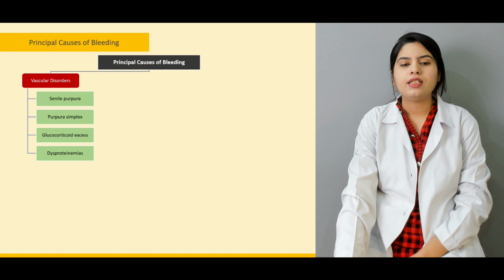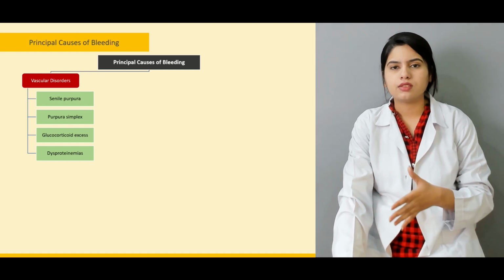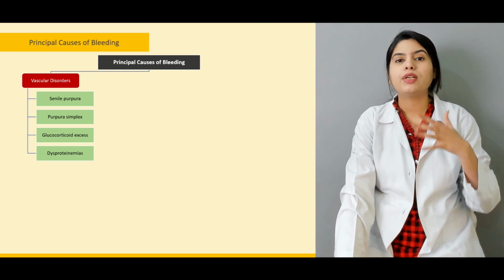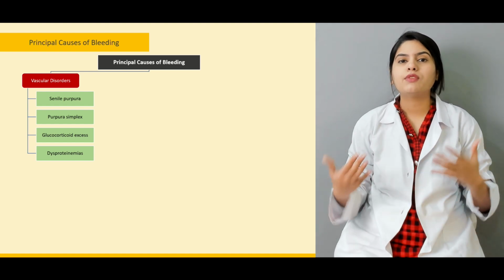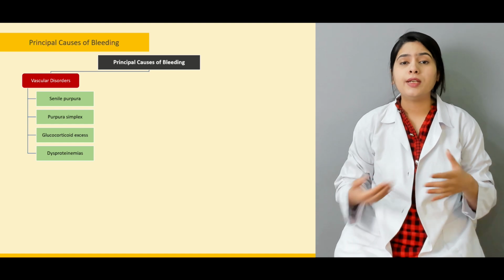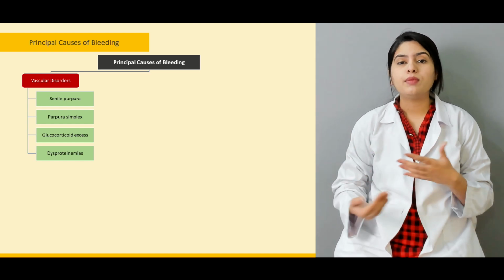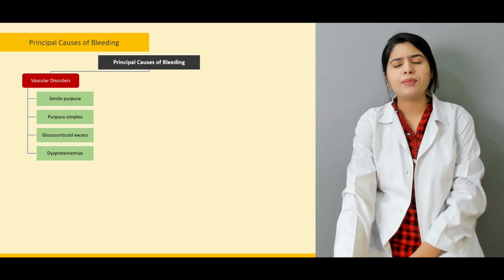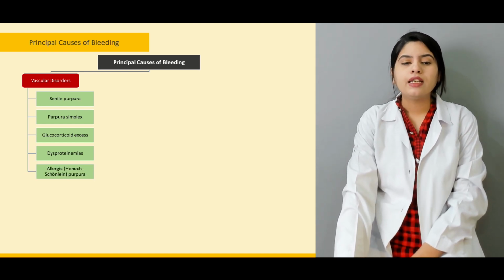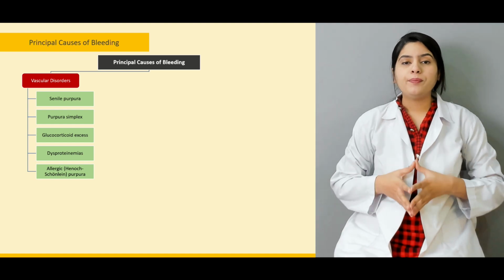There can be the dysproteinemias, where the level of the circulating proteins is affected, all of the different proteins involved in the clotting mechanism, the normal process of blood clotting, the activation of the platelet and other processes. Then there can be allergic purpura.